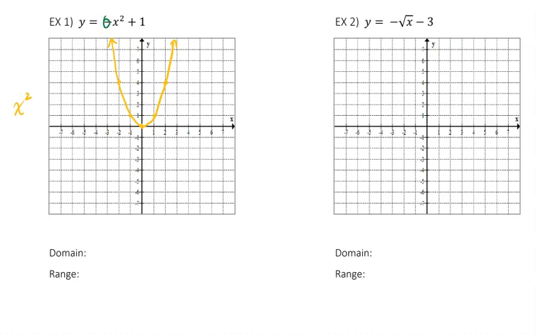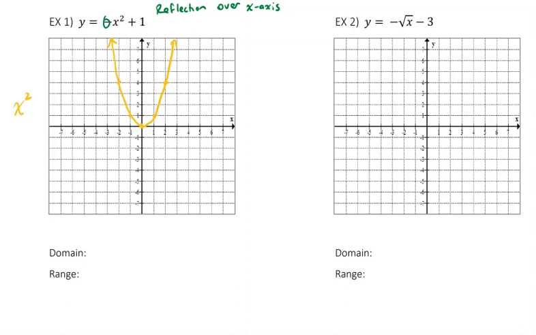So first off, we have a reflection. And since it's outside of the function, because there's no parentheses saying that it's being squared too, it's going to be a reflection over the x-axis, which means a vertical reflection.